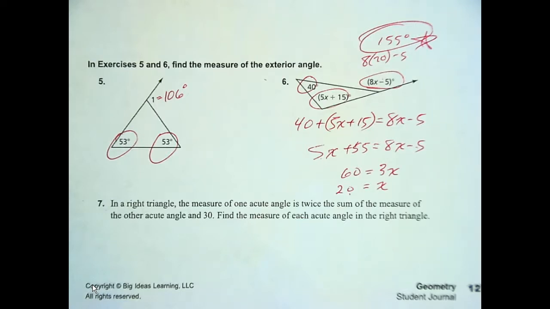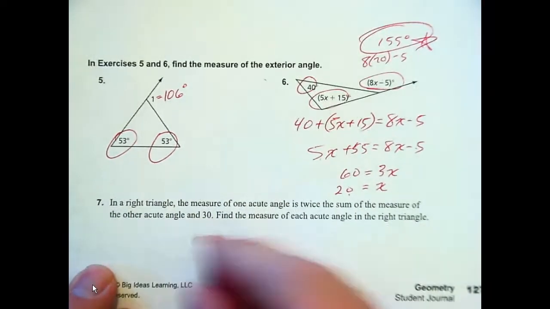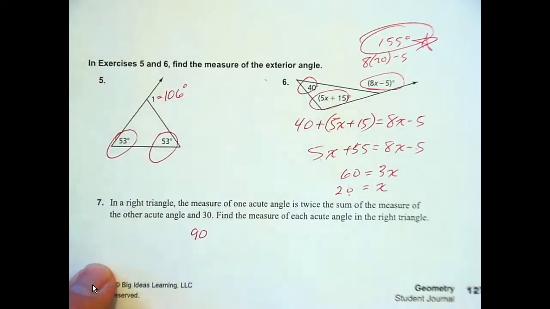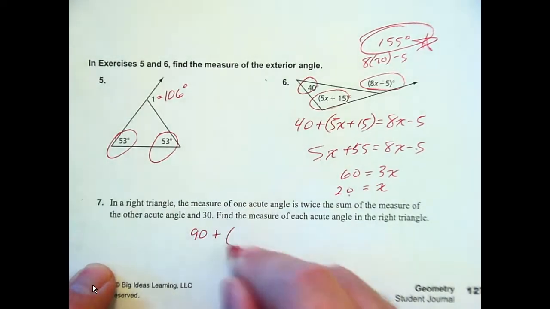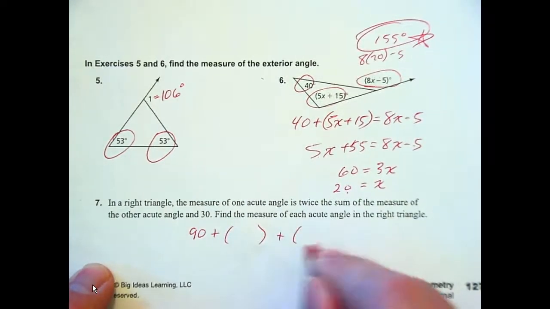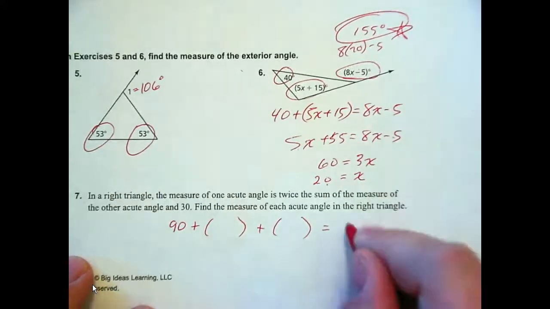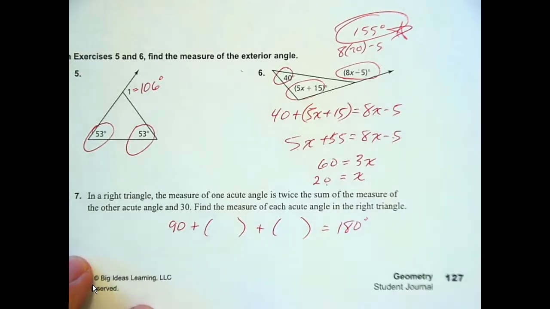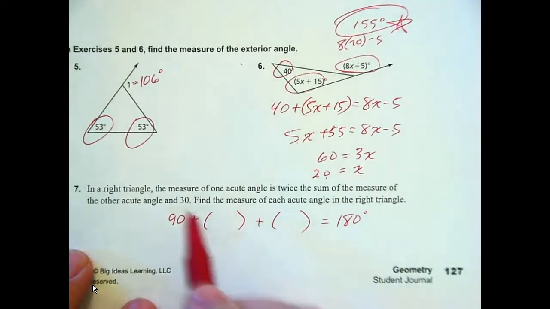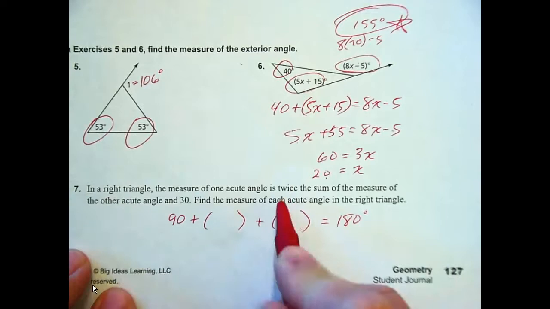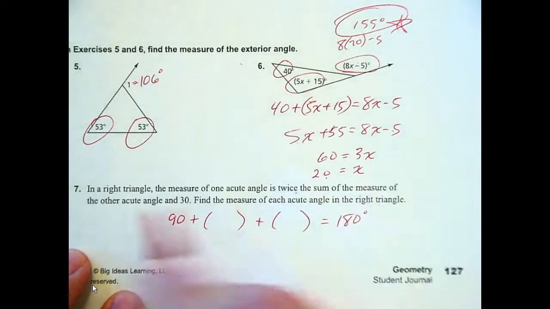Well, it's a right triangle. That gives me 90, right? 90 plus another angle plus another angle has to add up to what? 180. Okay? The question is, what are the other angles? So in a right triangle, the measure of one acute angle is twice the measure of the other angle and 30.